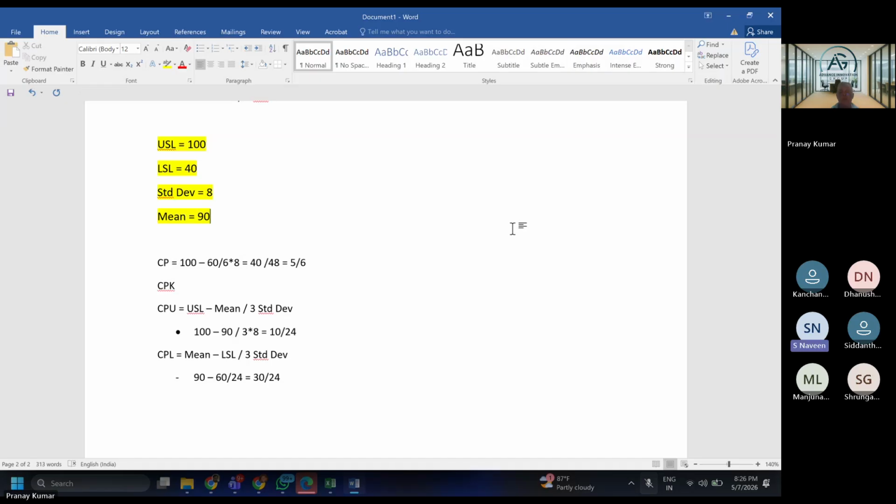CP is 1.25, 60 by 48. Correct. CPU remains the same. CPL may vary, but we are taking the minimum of CPU and CPL. So CPK is 0.41, that is 10 by 24. Fair. Others, you guys done?